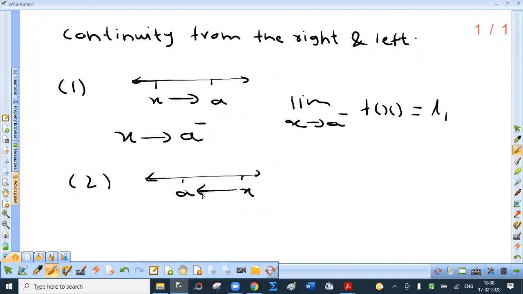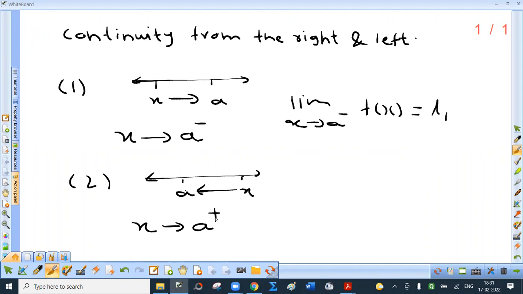If x takes values greater than a and approaches a, then we say that x tends to a from the right, and we denote it by x tends to a plus. Now, x tends to a plus means x tends to plus a plus. Yes, because by a we mean plus a only.